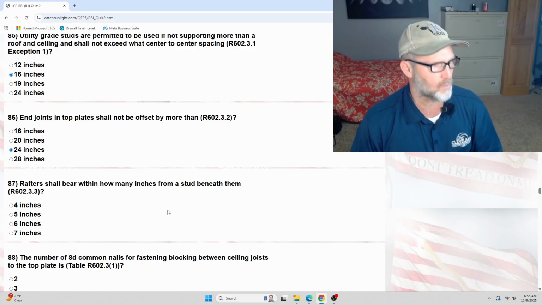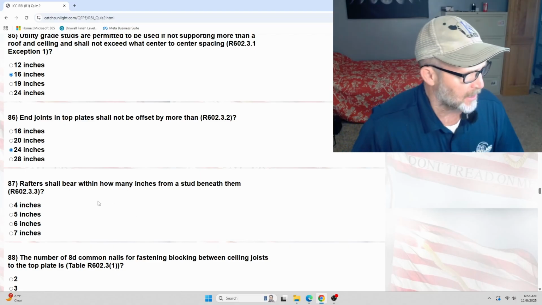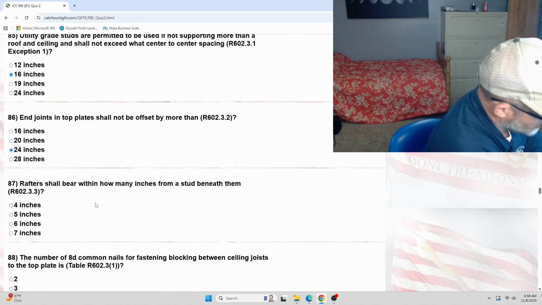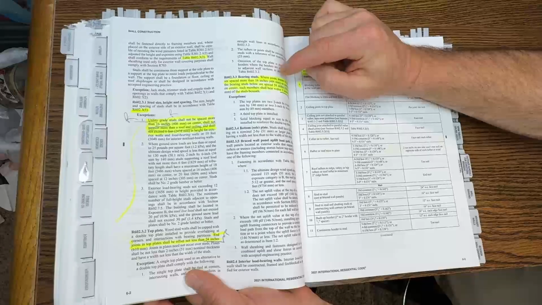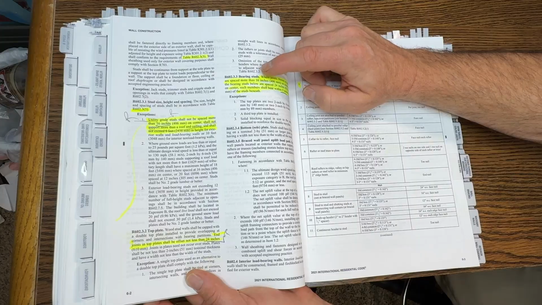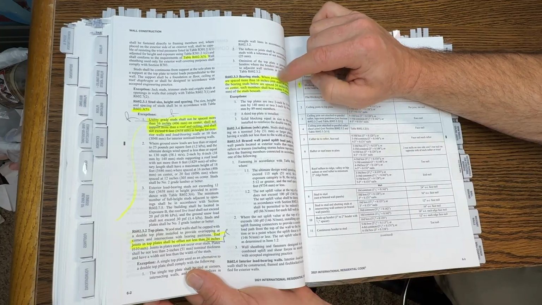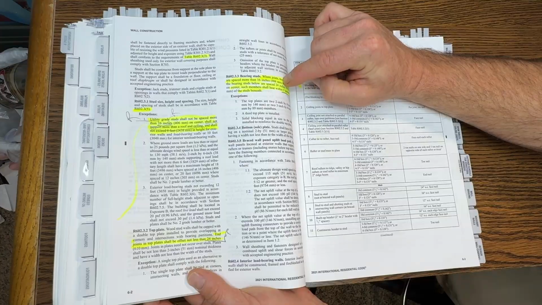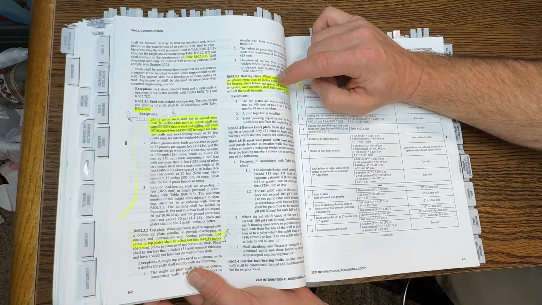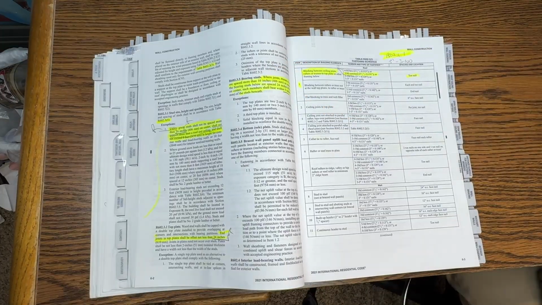There's a certain distance. Let's take a look. 602.3.3, bearing stud. Where joists, trusses, or rafters are spaced more than 16 inches on center and the bearing studs below are spaced 24 inches on center, such members shall bear within 5 inches. So the answer from the code is 5 inches.